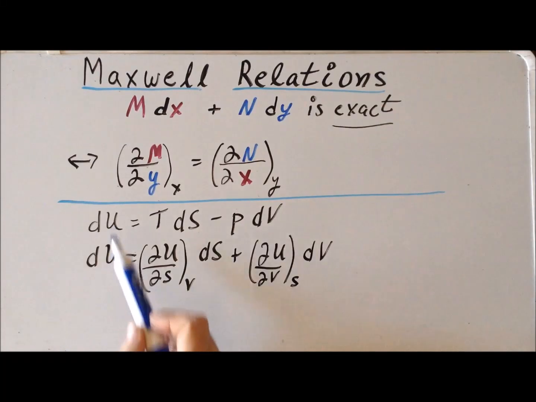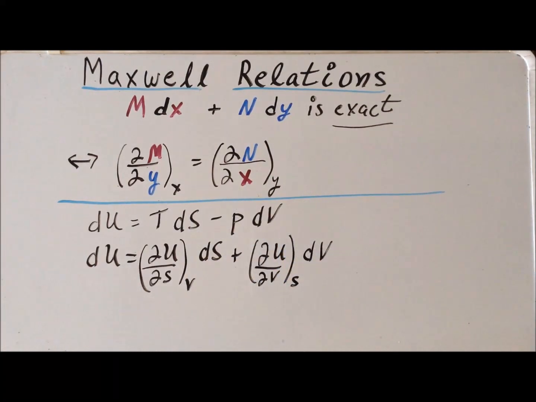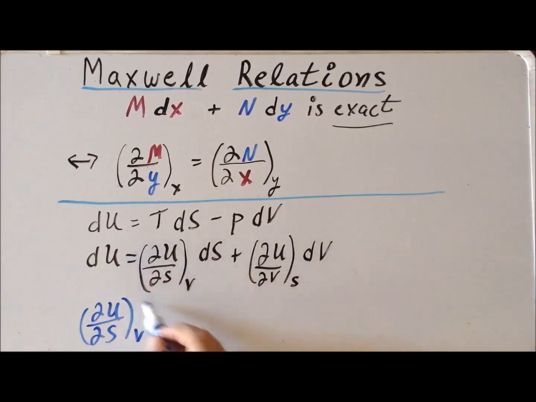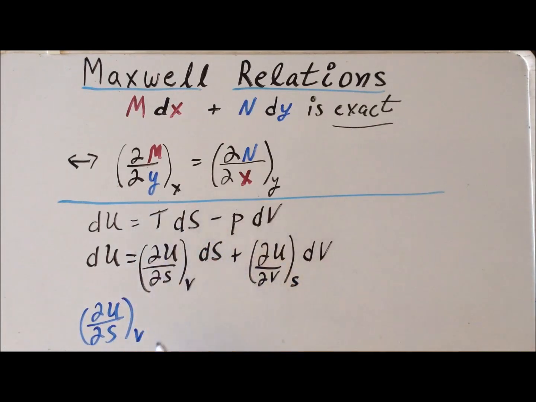If we were to set the two expressions for dU equal to each other, then we know that the coefficients of the variables have to be equal. So that tells us immediately that the partial derivative of U with respect to the entropy at constant volume, the coefficient of dS, has to be equal to this coefficient of dS, which is simply the temperature.